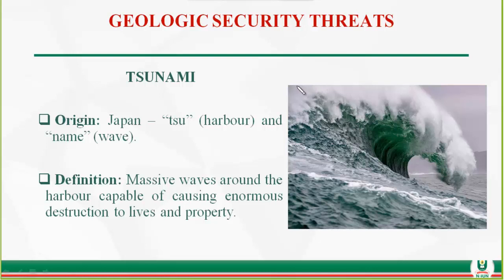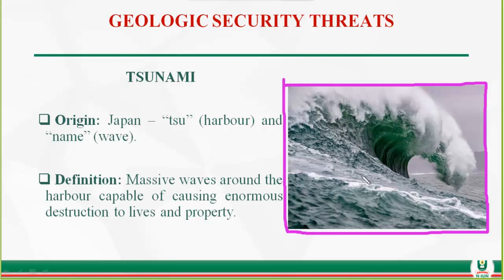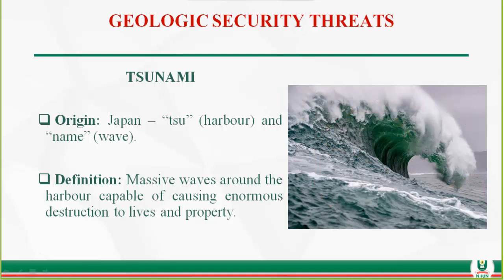Now, this is a practical picture of a tsunami. You can see the water explosion right here. As you can see, it's tumbling. Heavy volume of water right there. So the word tsunami had its origin from Japan.